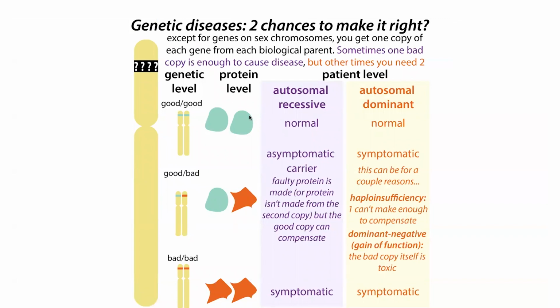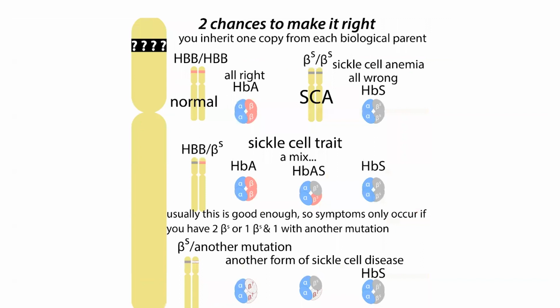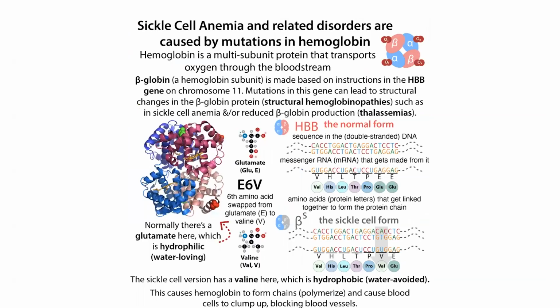And in the case of a recessive mutation, this is basically where you have to inherit two bad or faulty copies of the gene in order for there to be a problem. So if you have one good copy, it's able to compensate. A classic example I've talked about in the past is sickle cell anemia, where you have to inherit a faulty copy of the hemoglobin gene from each parent in order for this mutation to actually cause disease.